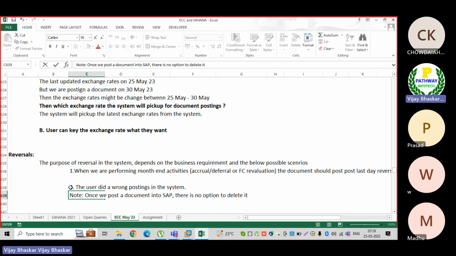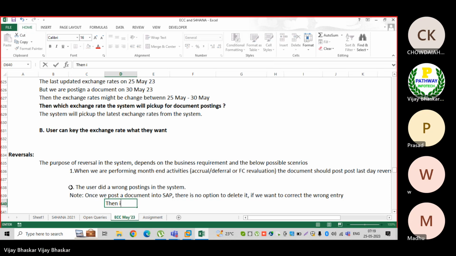The second thing is that if we want to correct a wrongly posted document, or the wrong entry, then we have the solution.